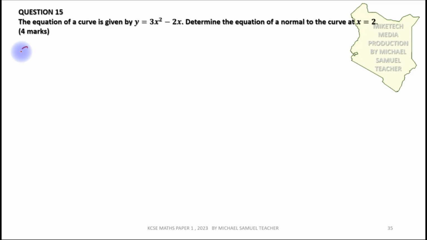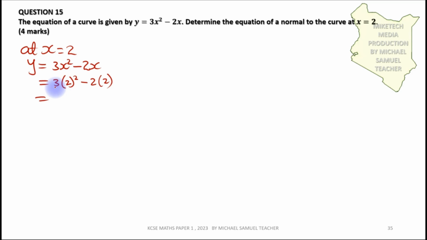At x is equal to 2, y will be 3x squared minus 2x. We substitute the value of x. This will be 3 times 2 squared minus 2 times 2. This is 3 times 4, 12, minus 4. So y will be equal to 8. So that's at the point (2, 8).